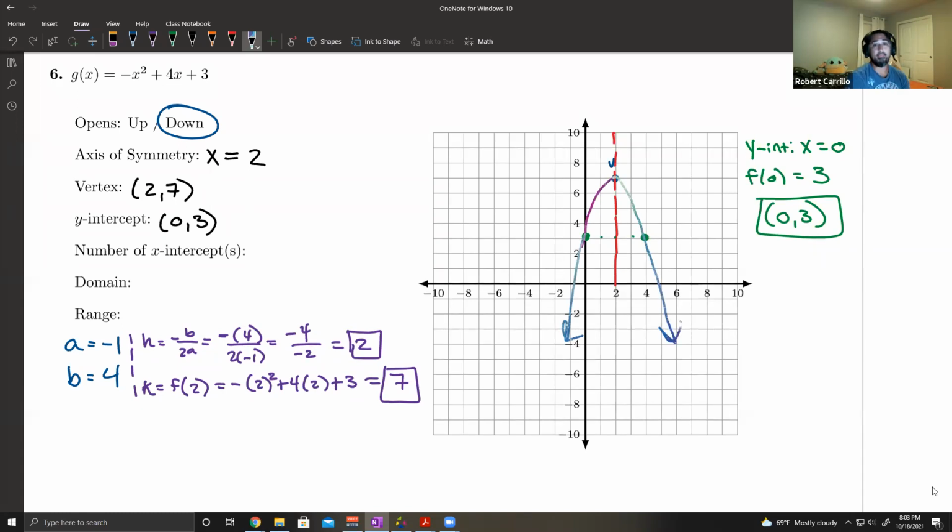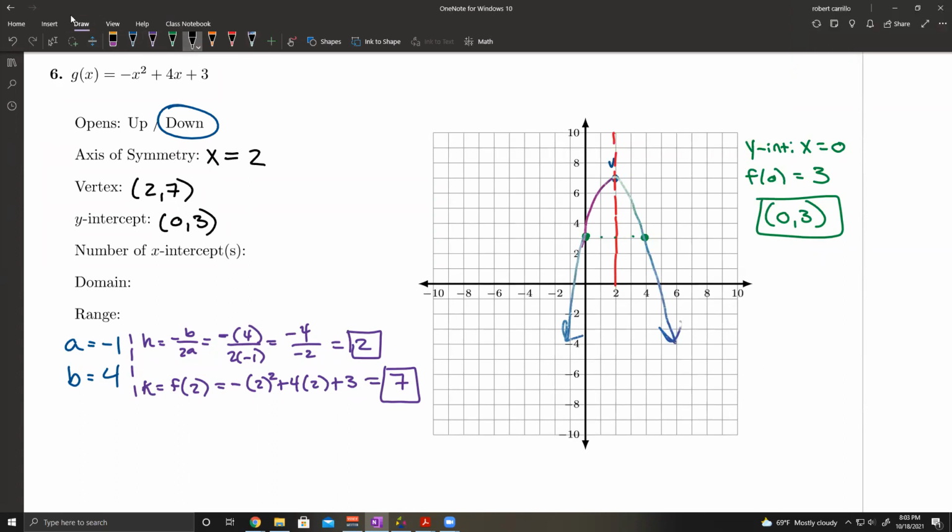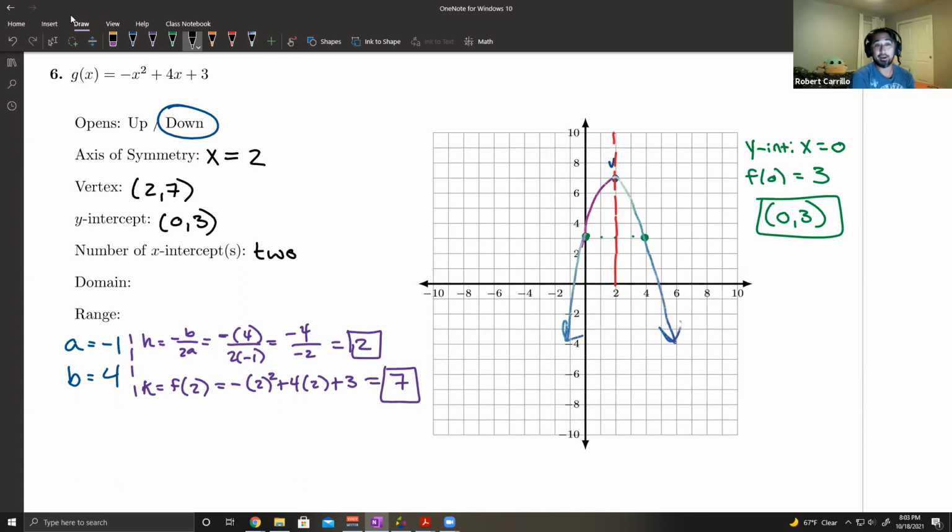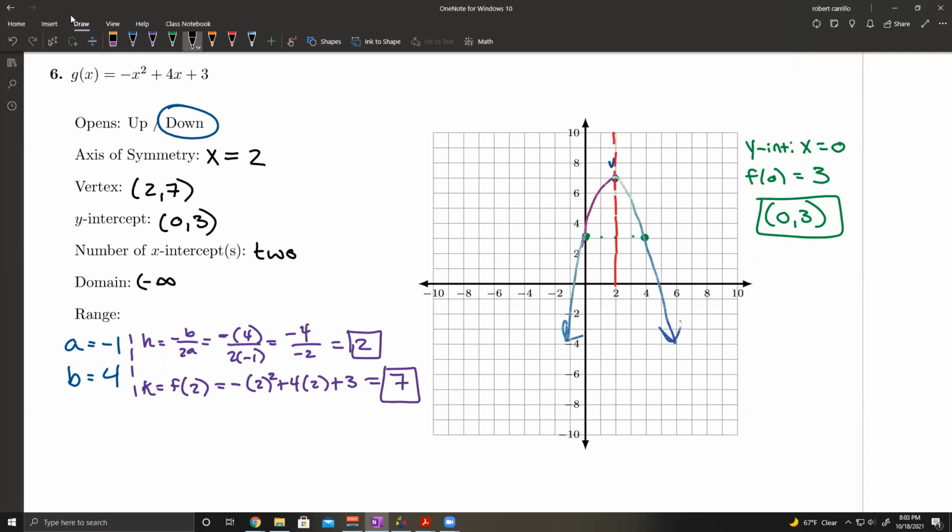All right. And now, how many x-intercepts do we have? 2. And once more, what is our domain? Negative infinity to infinity.